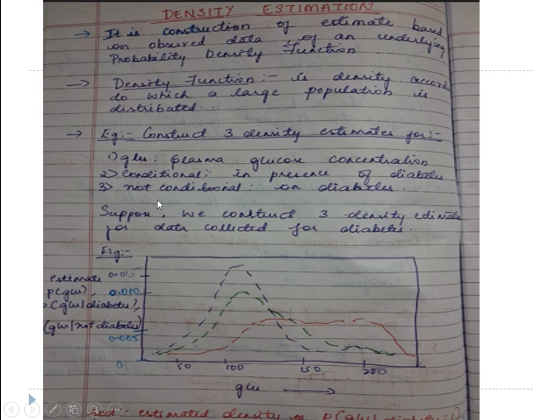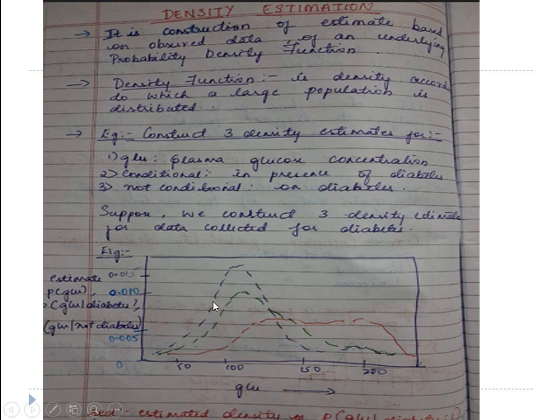Based upon these three, I am able to construct three density estimates from the data set: glu, conditional and not conditional. This is what we observe here. The blue dotted line, the high rise which I see here, is the estimated density of the probability of glucose when diabetes is present.